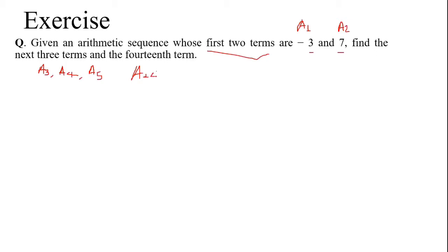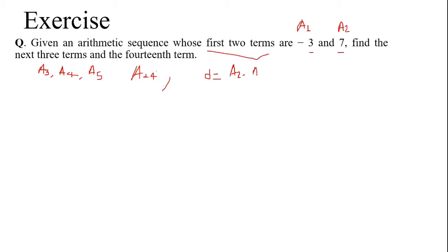As I have told you, for evaluating the general n term of an arithmetic sequence, first we must obtain the difference and A1, but A1 is already given, that's -3. So we can define the difference D just by subtracting the first term from the second term, that is A2 minus A1.